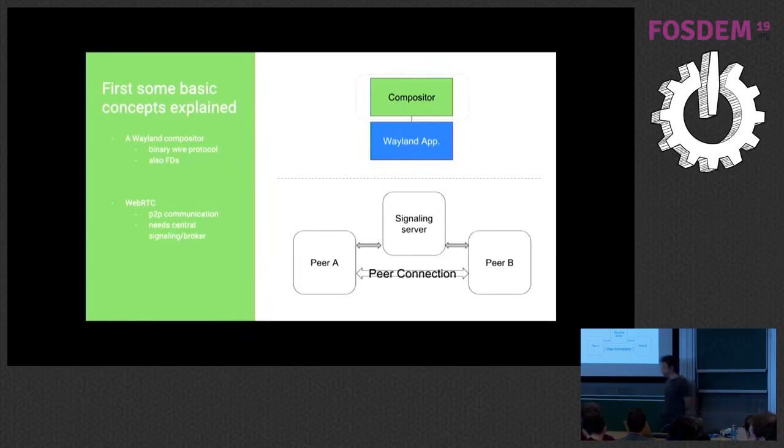A second important building block of Greenfield is WebRTC. Now, what is WebRTC? WebRTC is basically the browser's solution to video conferencing. WebRTC allows you to establish a direct peer-to-peer communication between endpoints, between browsers, but it doesn't have to be your browser.